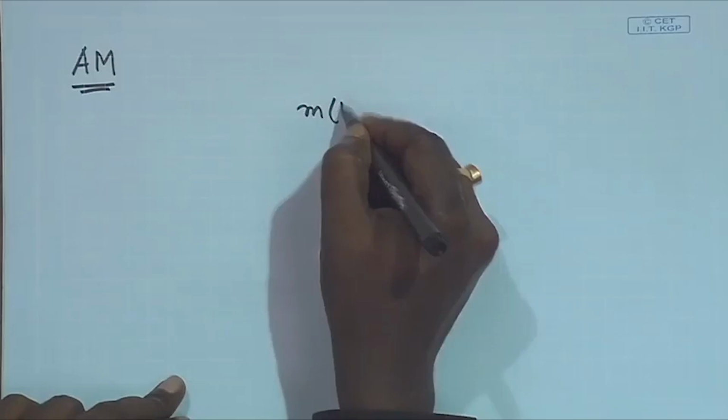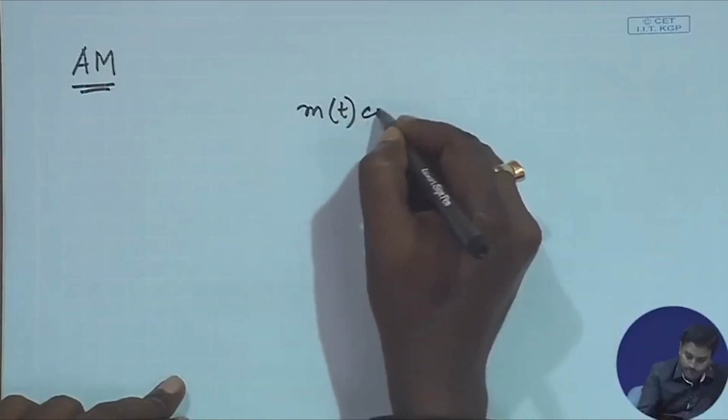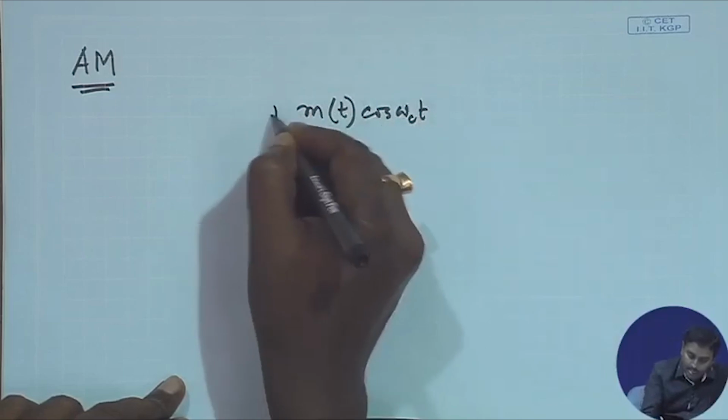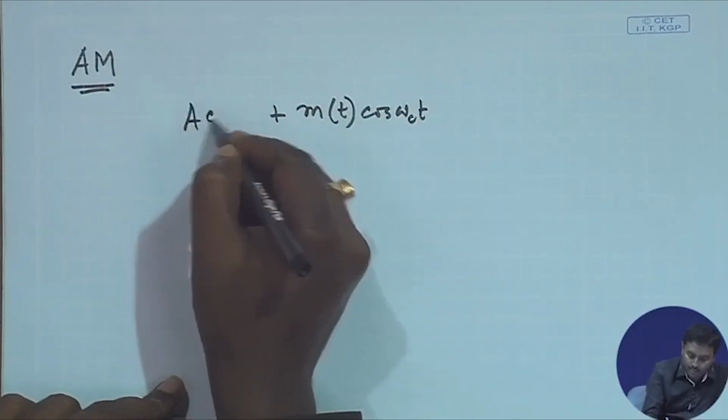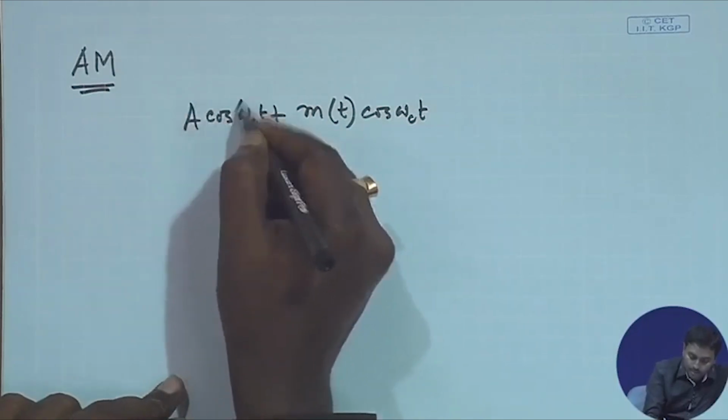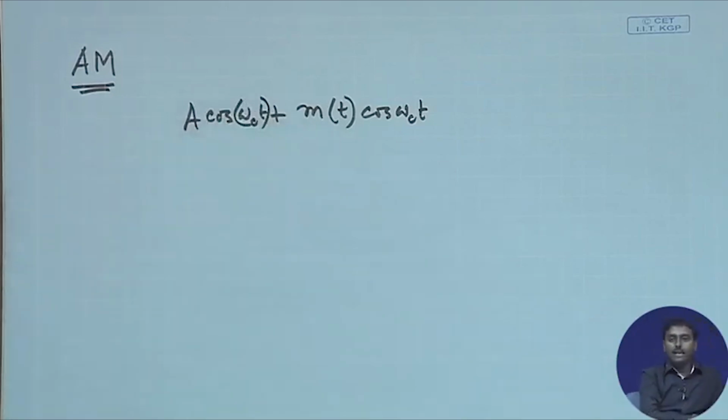You can call that DSB with carrier. Okay. So, that will also have double sideband, but the carrier will be present. What does that mean? It means you were earlier generating m(t) cos omega_c t, and I will add a carrier to it, which is a pure carrier A cos omega_c t, where A is the amplitude of the carrier. So, this is what amplitude modulation is.